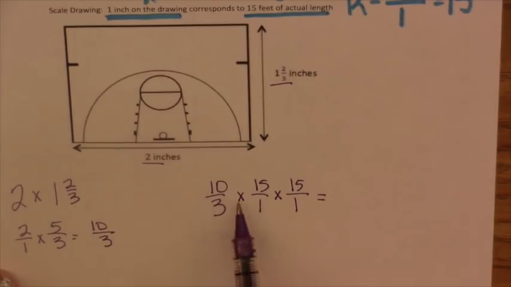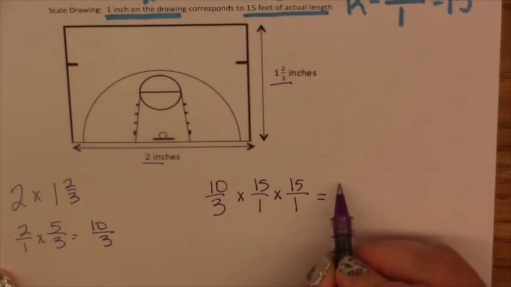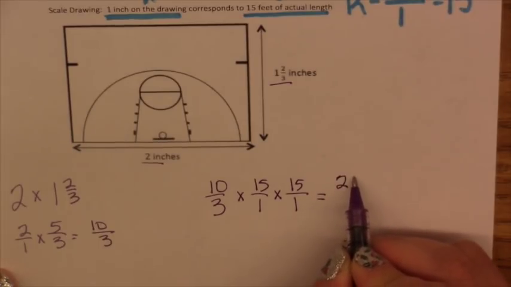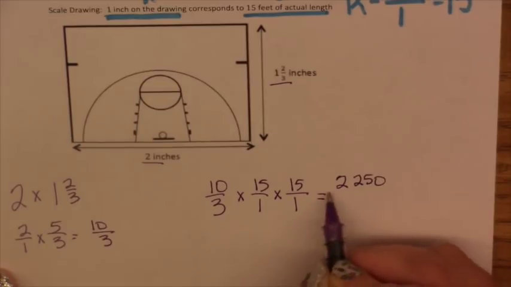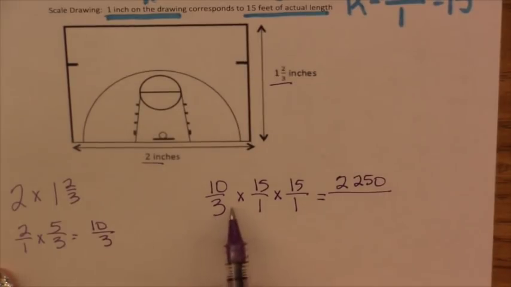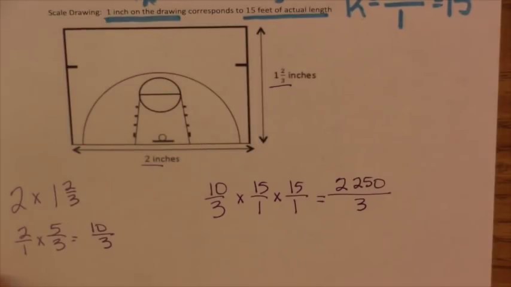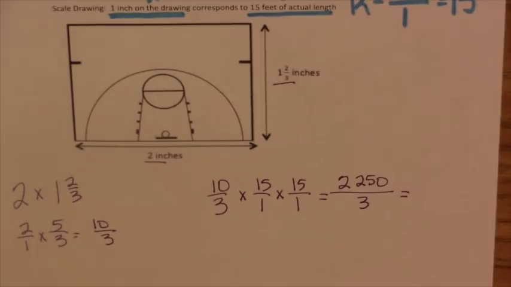All right, when we do 10 times 15 times 15, we should get 2,250. And then on the bottom, 3 times 1 times 1. And then we need to simplify that.